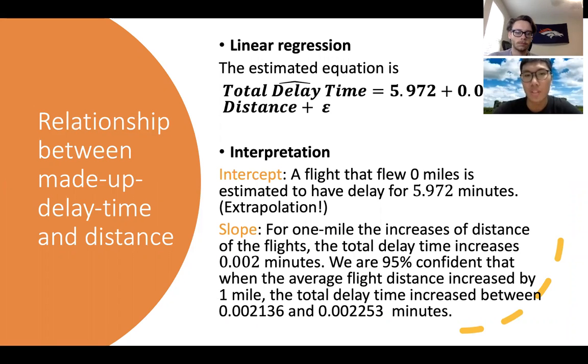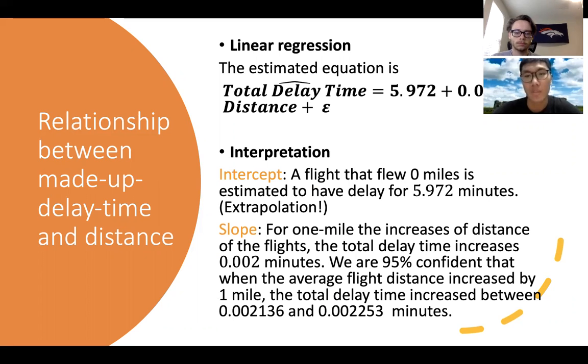For interpretation, for the intercept term, a flight that flew 0 miles is estimated to have a delay of 5.97 minutes, which doesn't make sense, so it's an extrapolation. For the slope term, for each 1 mile increase in the distance of the flights, the total delay time increases 0.2 minutes.